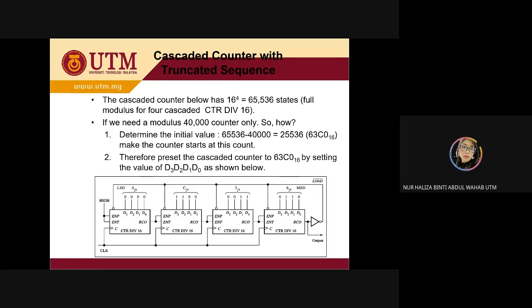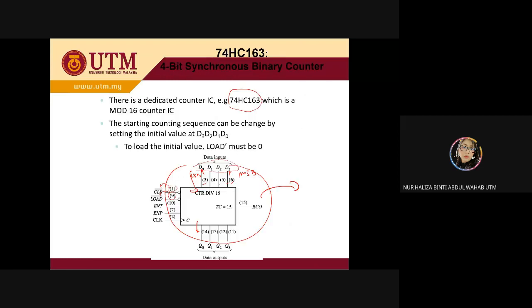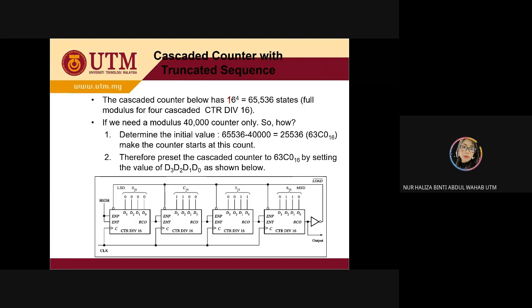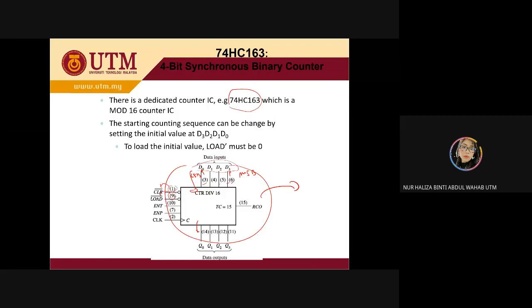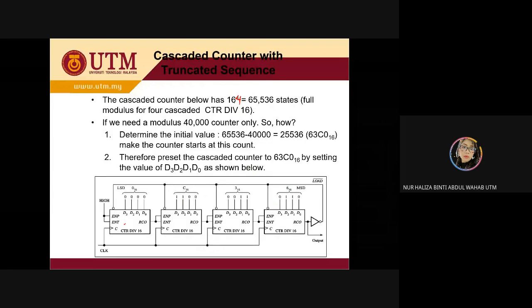For one stage, it's 16 to the power of 1, so 16. But now we have 4 of the 74HC163, so the maximum number of states is 65536.